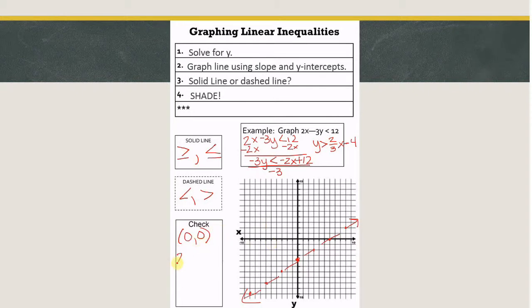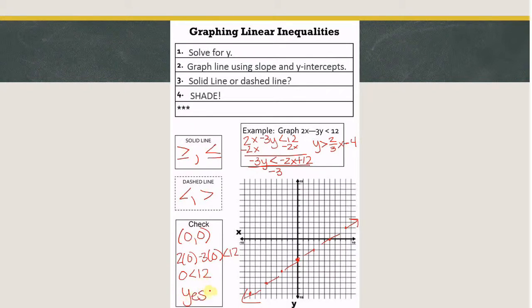So I have 2 times 0 minus 3 times 0 is less than 12. I just took it and put it into my original equation. That's 0 minus 0, so that's just 0. Then I ask myself, is 0 less than 12? Yes.